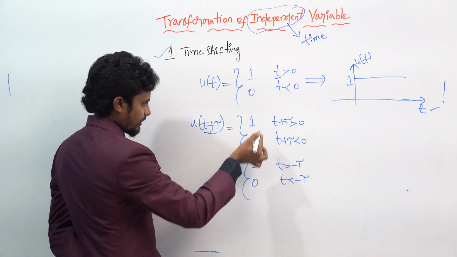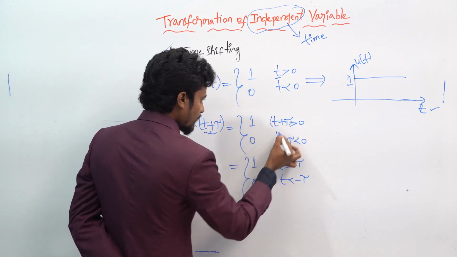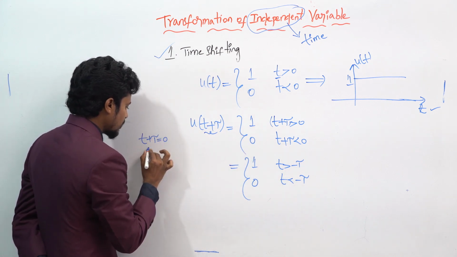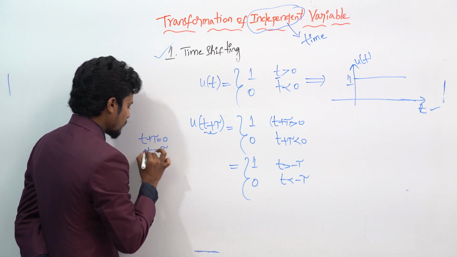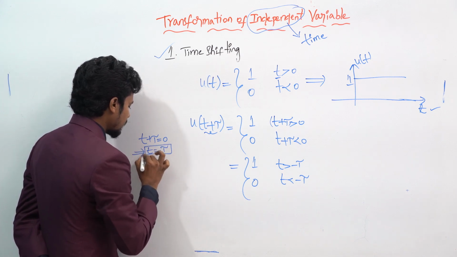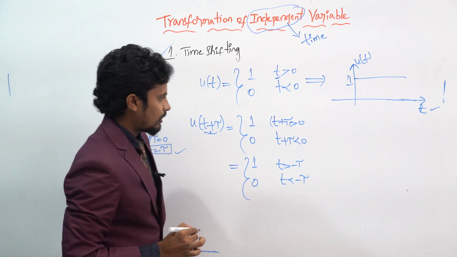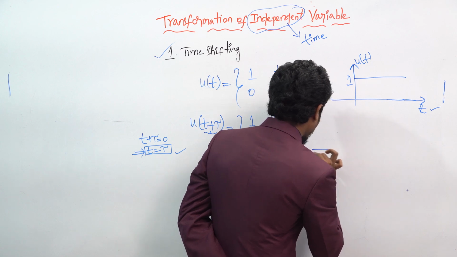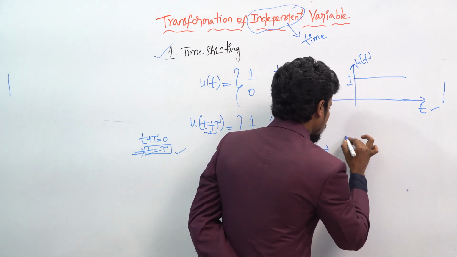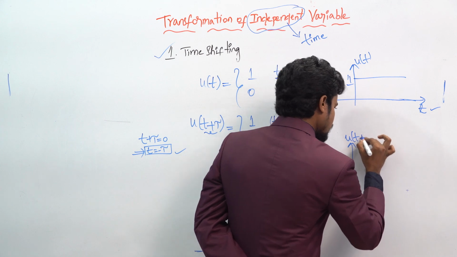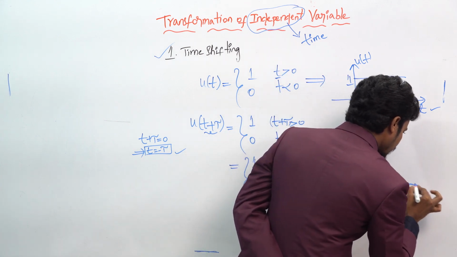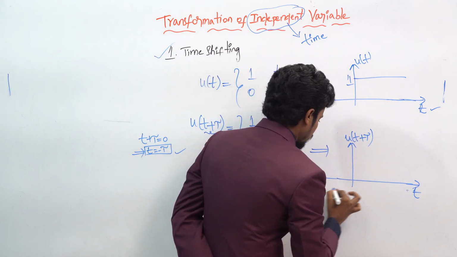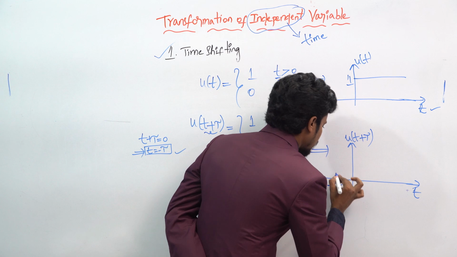Here the same shortcut applies. Take the bracket t plus tau equal to 0, so t is equal to minus tau. Let's see the plot for this: here this is u of t plus tau, here our independent time variable is t, and here this is minus tau.